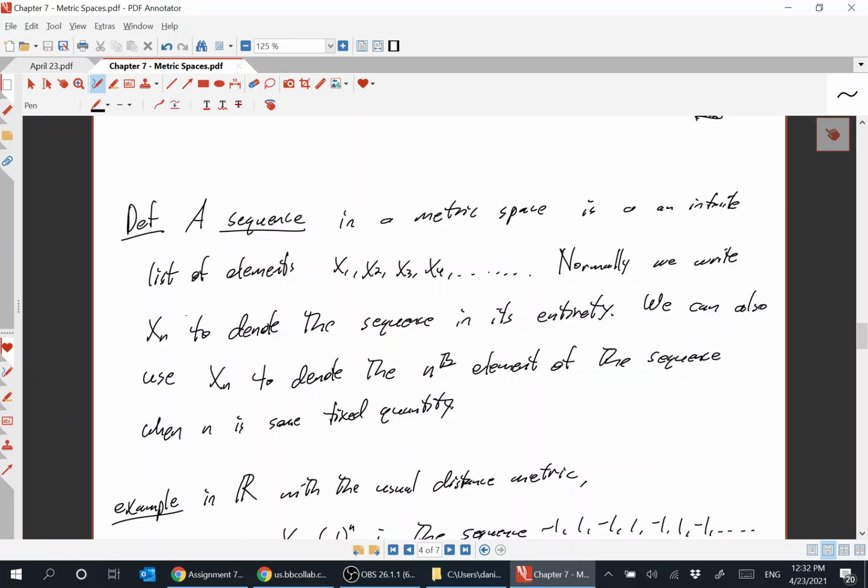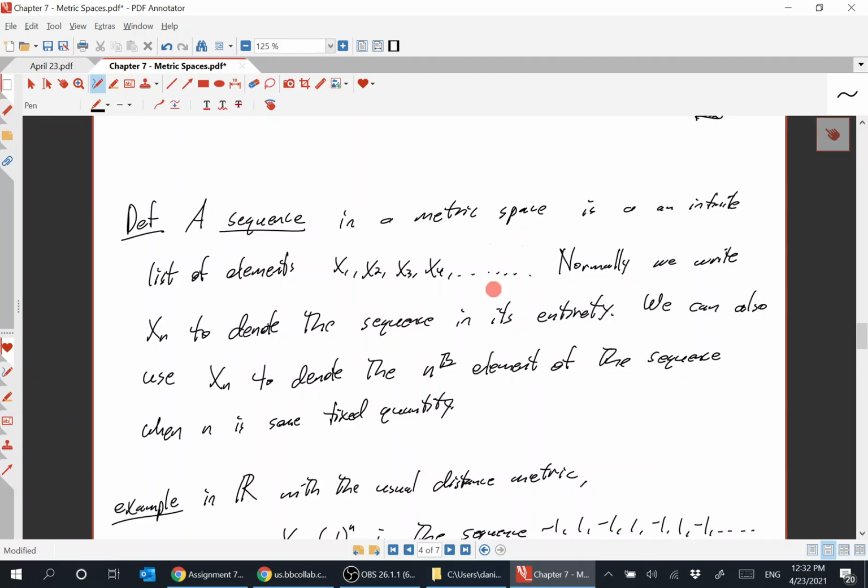So you start with this notion of a sequence: just some list of elements in the metric space, x1, x2, x3, x4, x5, x6. You think of it as a function from the natural numbers to the metric space itself.